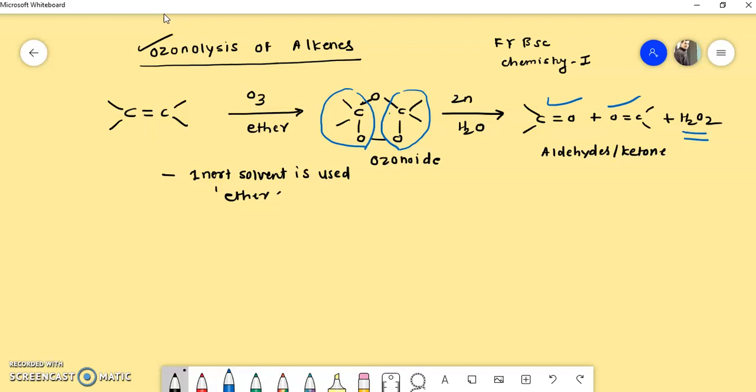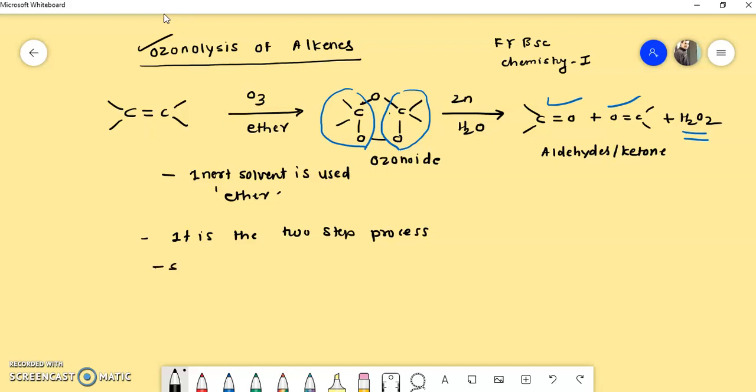Now this ozonolysis reaction takes place in two steps. It is a two-step process.